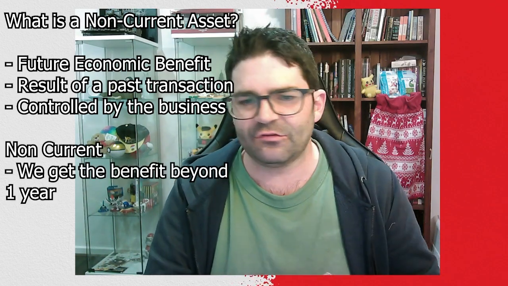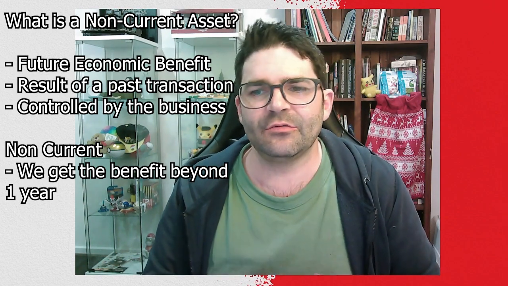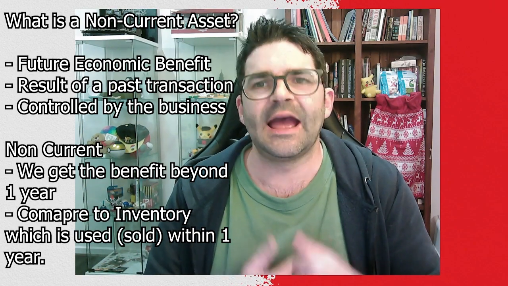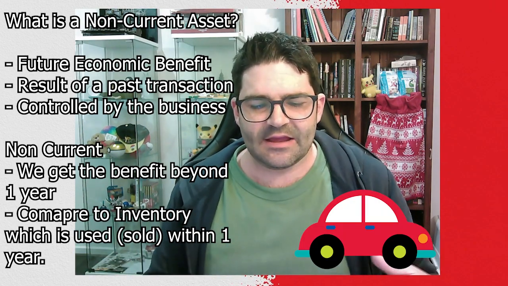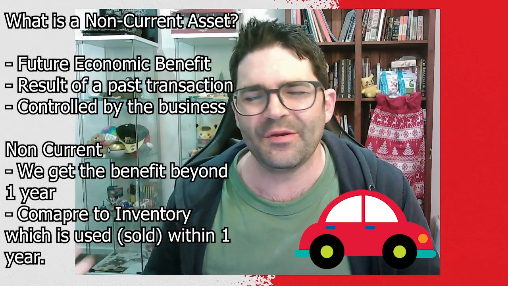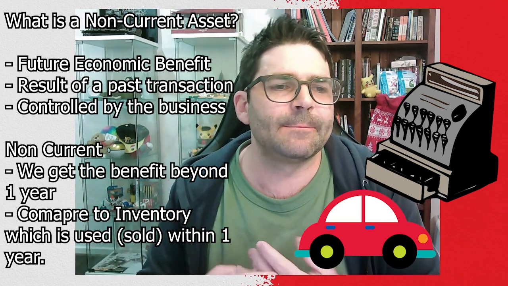Compared to stuff like inventory, which is current because we try and sell it within a year, a non-current asset we will use beyond 1 year. So for example, a car. I think a car is the most obvious one, and that's the one we're going to use. You can also use equipment, which is a common one, but it's anything that can be used beyond 1 year.